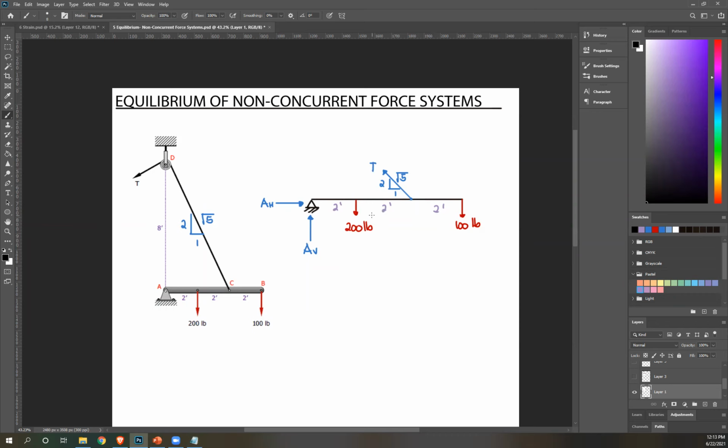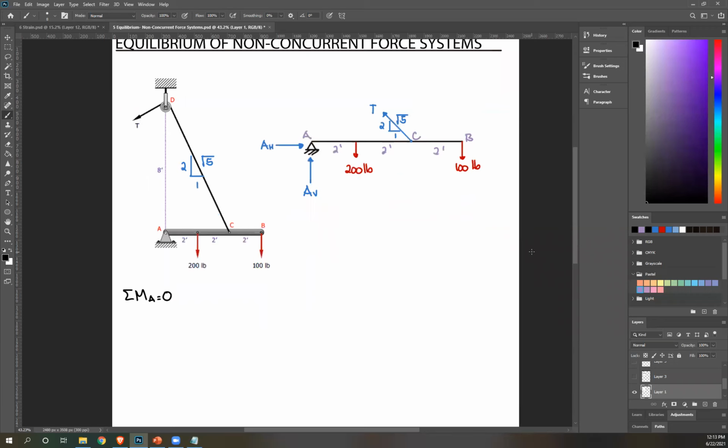Okay. So let me just indicate this is A, B, C. Okay. Again, let's begin with moment, specifically summation of moment at A equals 0. AV and AH pass through A, so ignoring that. Next, we have 200. That's clockwise, therefore positive 200.